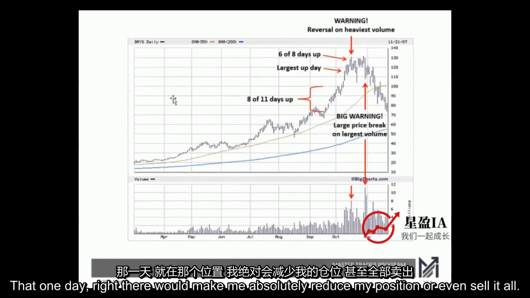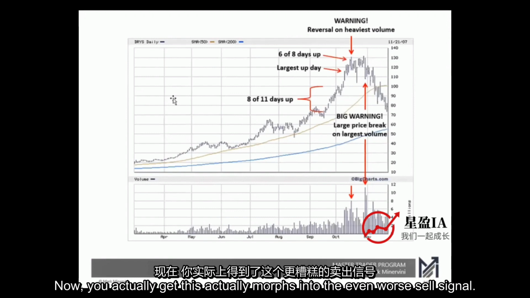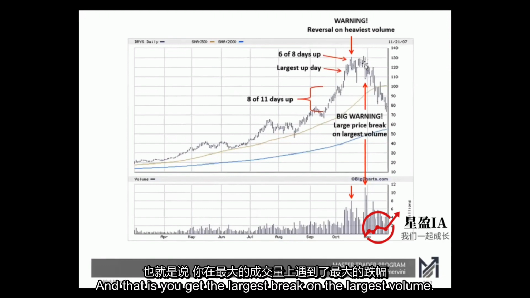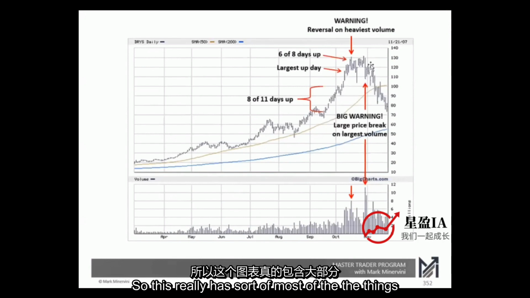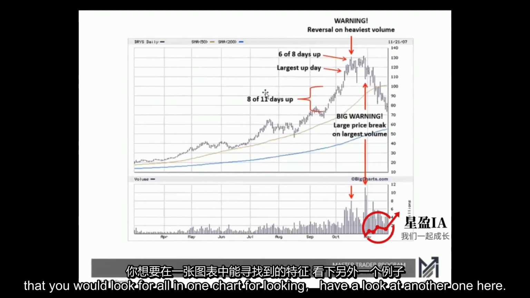That one day right there would make me absolutely reduce my position or even sell it all. Now you actually get this actually morphs into the even worse sell signal, and that is you get the largest break on the largest volume. And that really puts the kibosh on it completely. So this really has sort of most of the things that you would look for all in one chart.